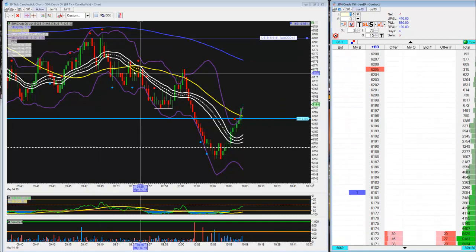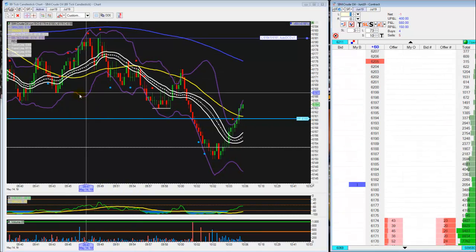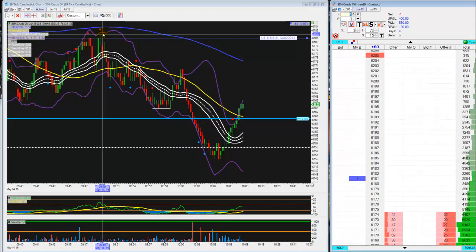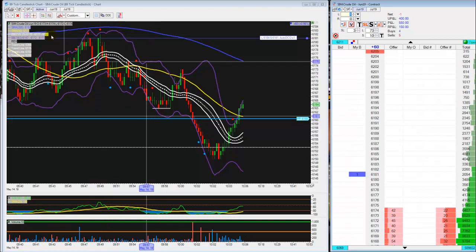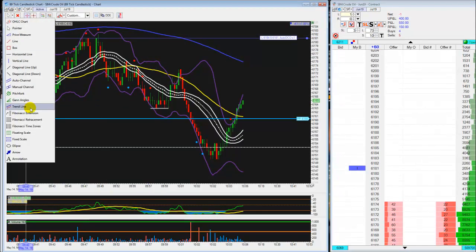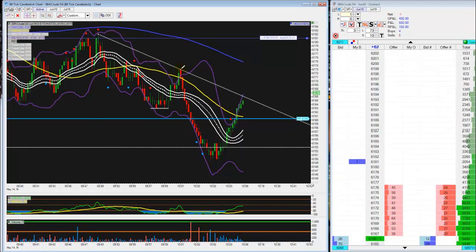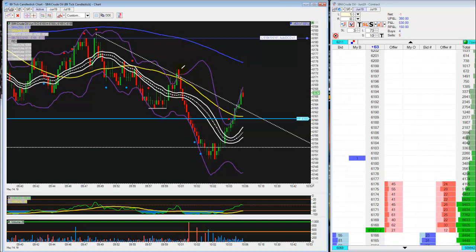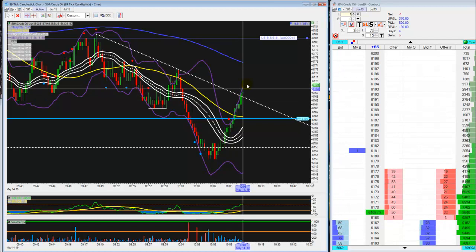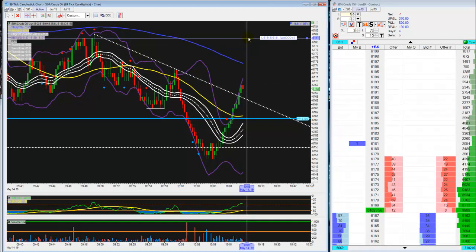For this lower high pattern to hold, we need not come to here. Now, I do believe trend lines are made to be broken. So to break it is not a problem, but to come all the way back up here is.